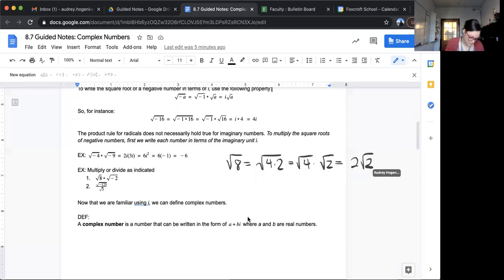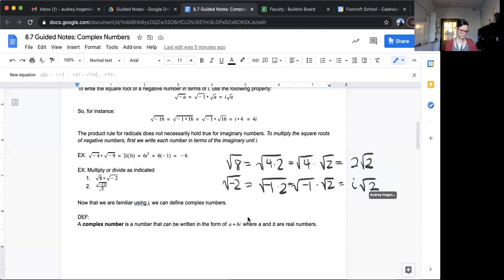And then the square root of -2 we can write as the square root of -1 times 2, which is the square root of -1 times the square root of 2, which is equal to i times the square root of 2. Okay, so our problem has become 2 square root of 2 times i square root of 2.